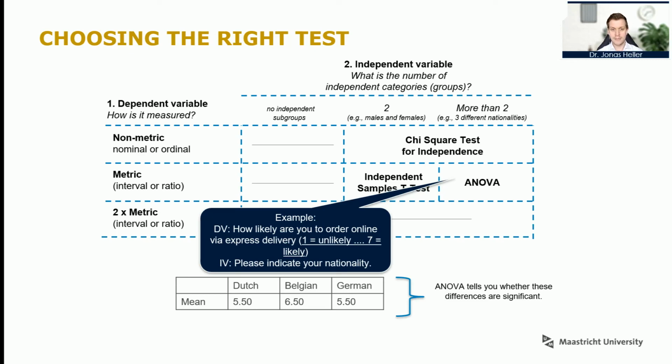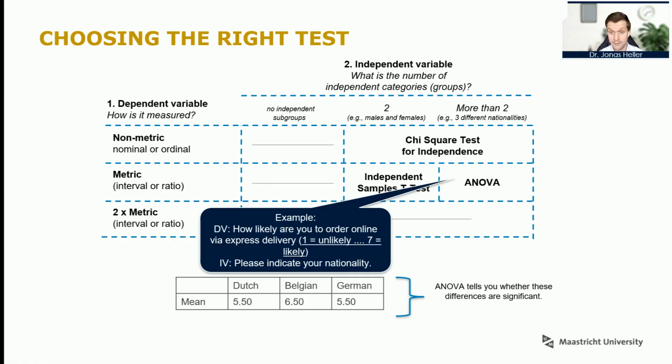So consider the following example. We have the same dependent variable. How likely are you to order online via express delivery on a Likert scale ranked from 1 unlikely to 7 likely. But now our independent variable consists of more than two groups. In this example, 3 different nationalities. So here we see the scores for the Dutch, Belgian, and German responses. And we see the Dutch and the German score 5.5 and the Belgian score 6.5.